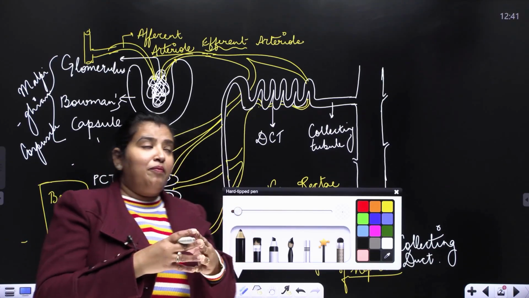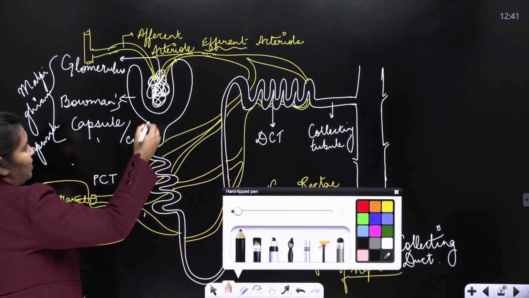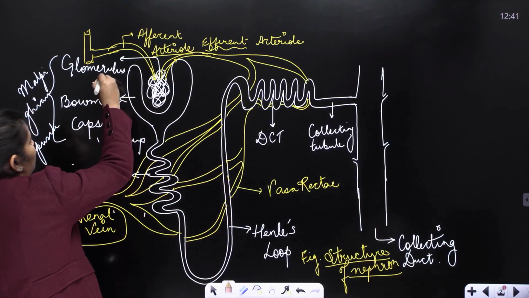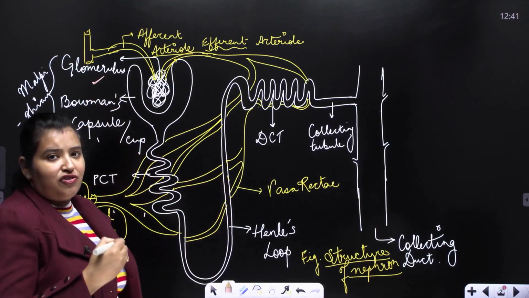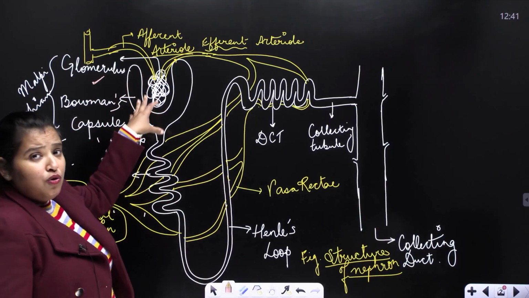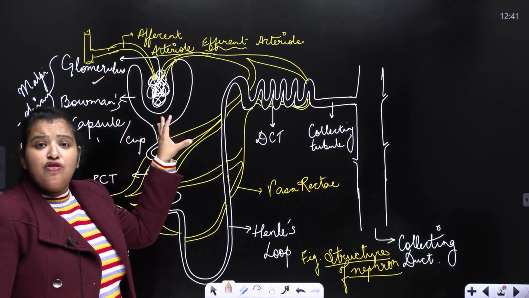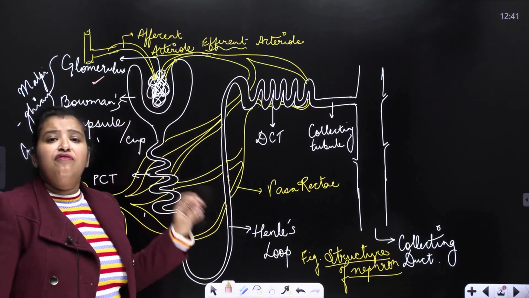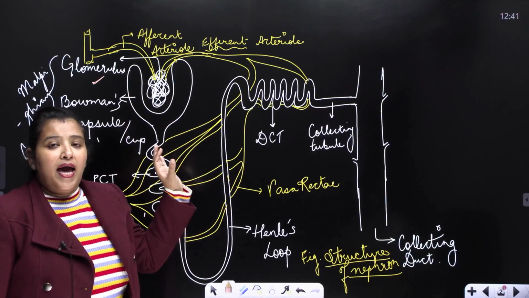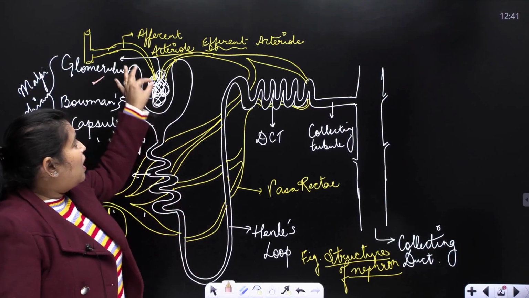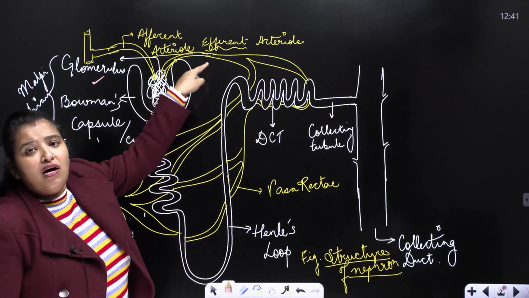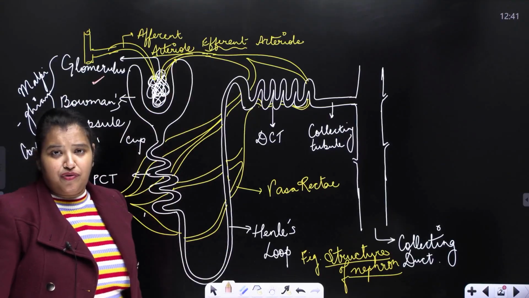So because of that pressure, the first step happens here in the glomerulus. I told you almost all the components of the blood are filtered out, even the useful material, except for some large proteins which are then passed into the efferent arteriole.